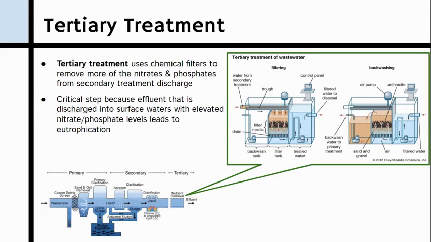Or not our nutrients, our oxygen. Too much nutrients will lead to hypoxic conditions. So water from secondary treatment will go through a trough right here. It's expensive and not always used, right? And so we'll have an extra filter right here, a filter tank, in which we help clarify this water. Okay.